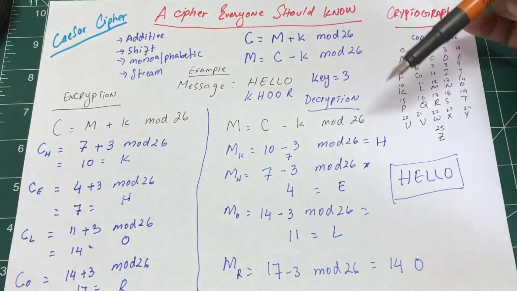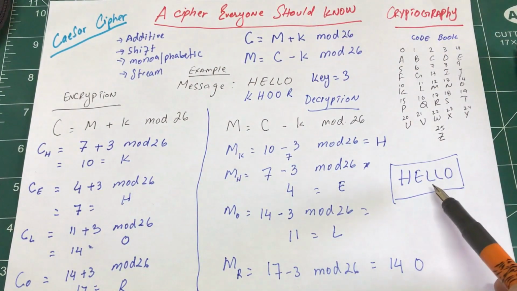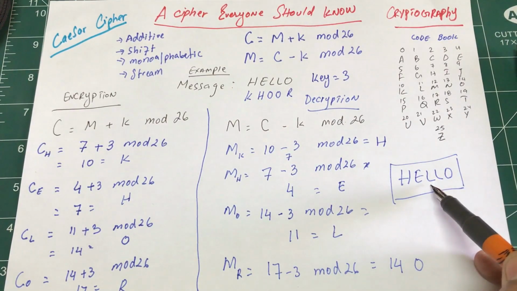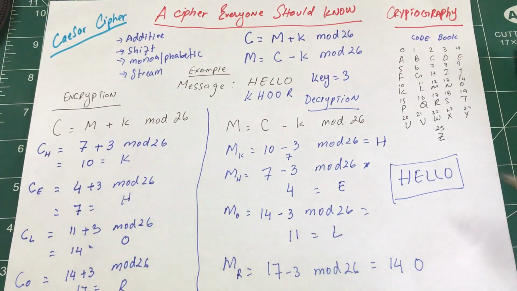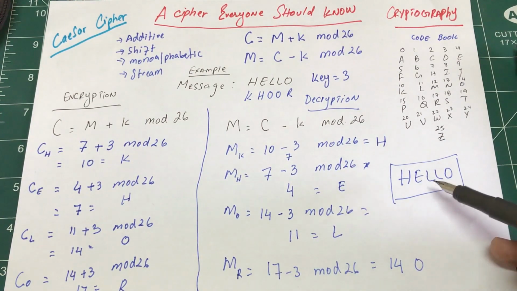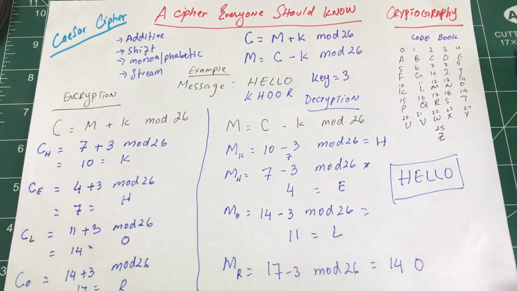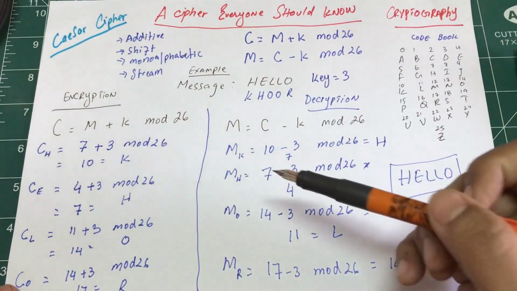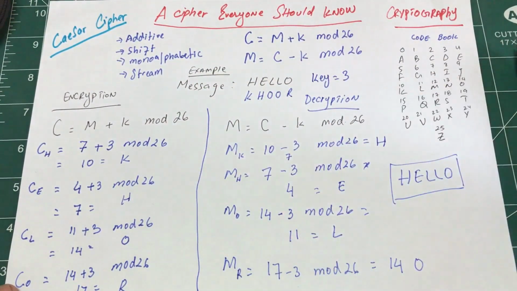It's monoalphabetic, which means that every time it will map the same. What it means is this: if I have L that occurs multiple times in my text, it will map to the same letter, which makes it susceptible to frequency analysis attack. This is in terms of a stream cipher, which means I'm doing one letter at a time and then encrypting it.